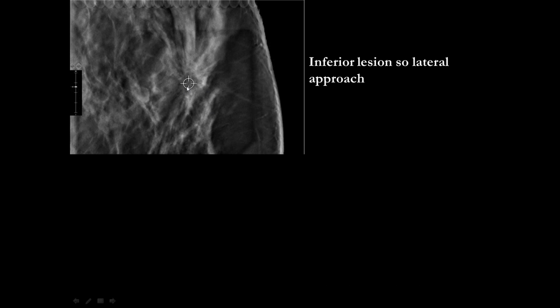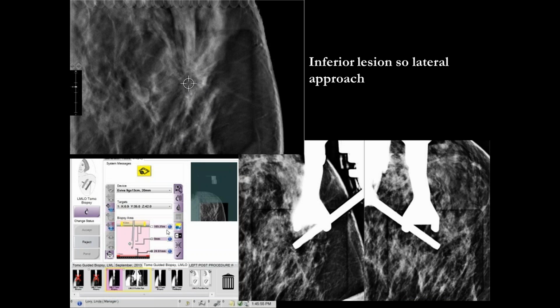So I decided I'm going to approach it from the lateral side. I could have approached it from the medial side as well. I put the cursor on the lesion, and the software automatically shows me that the lesion is within the center of the aperture. There's no problem. I'm not going to hit the detector plate. I do my two views.